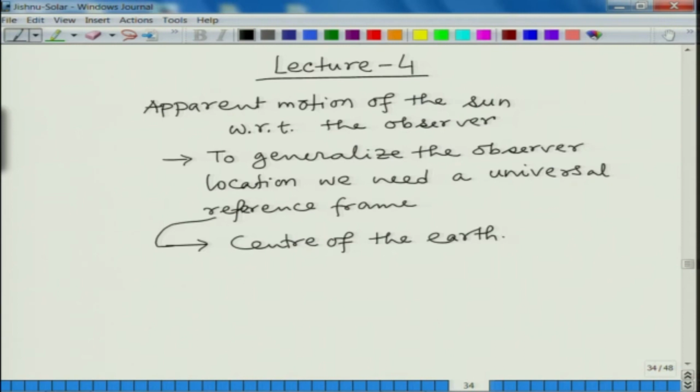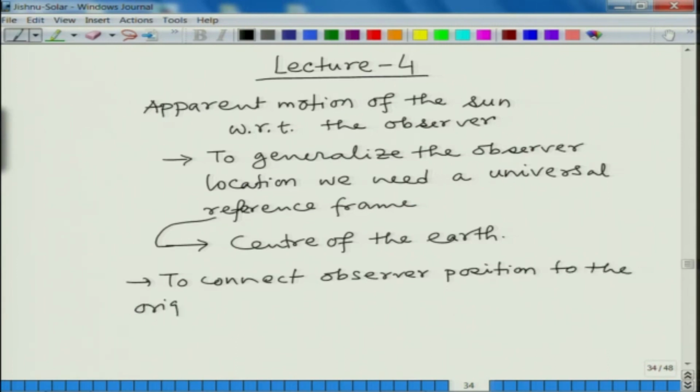So, with respect to that, to connect the observer position to the origin, which is the center of the earth, we needed two angles, because it is a 3-dimensional frame.